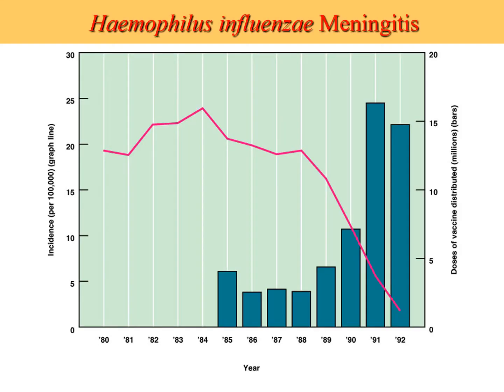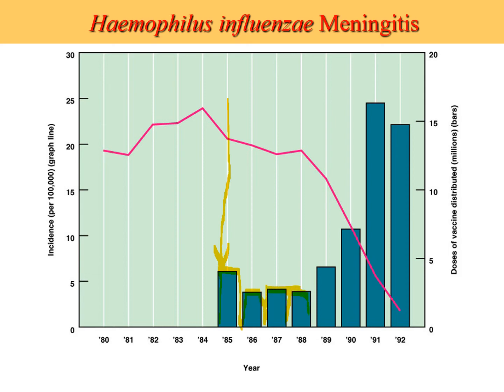Prior to development of the vaccine in the 80s, there were a reasonable number of cases, but that quickly dropped off. The vaccine was introduced here at this point. You can see these bars in this bar graph are the number of vaccines delivered.